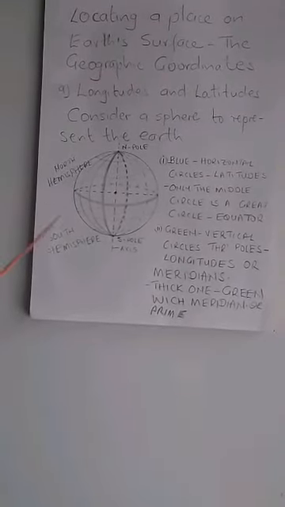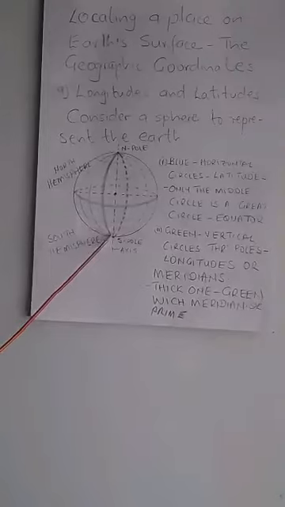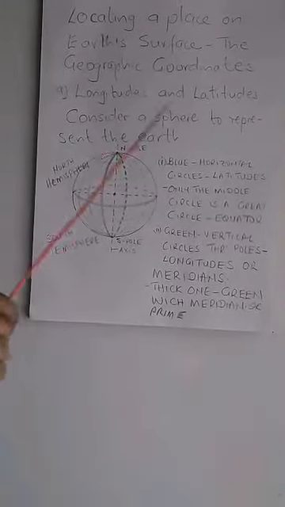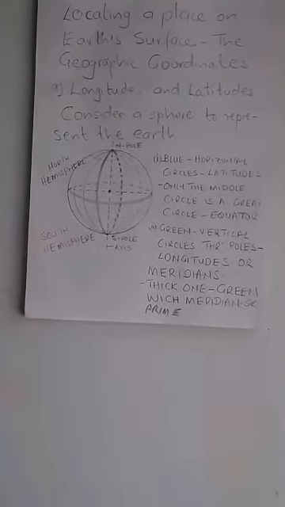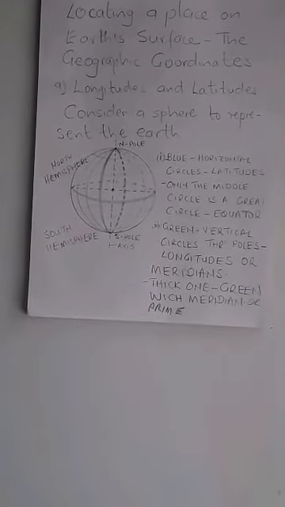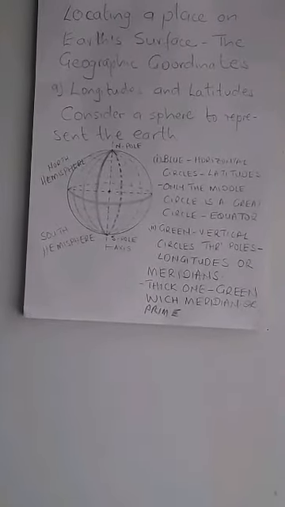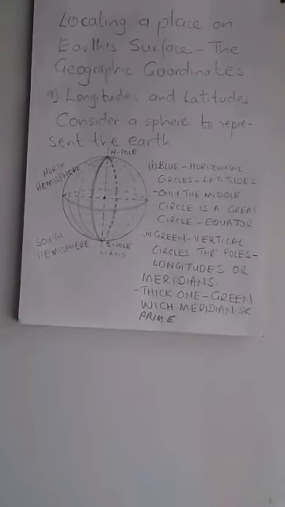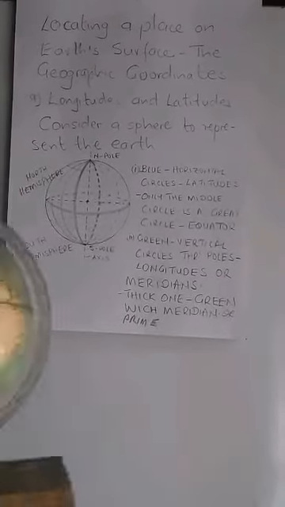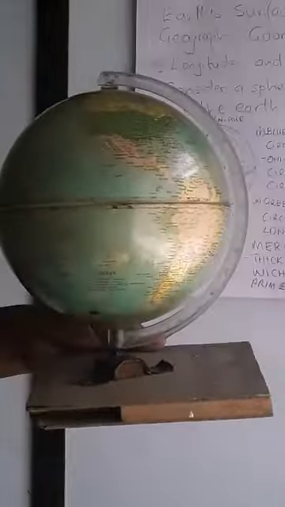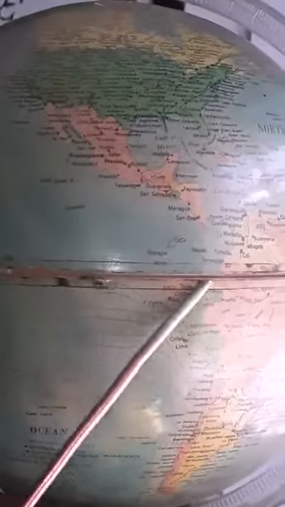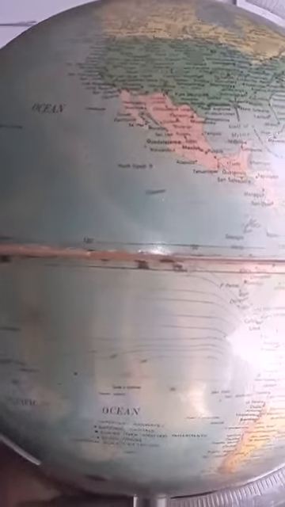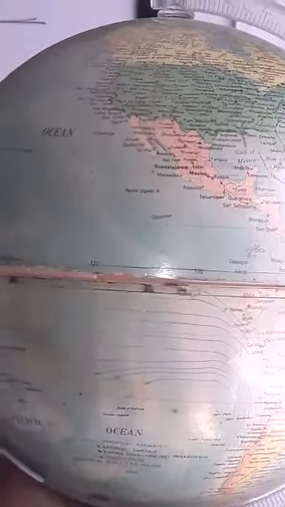Now, a combination of many latitudes and many longitudes comes up with a grid which helps us to locate a point. Let me demonstrate on this globe. This is a globe representing the Earth. Looking at it closely, this is the one we are calling the middle horizontal circle, and we refer to it as the equator.